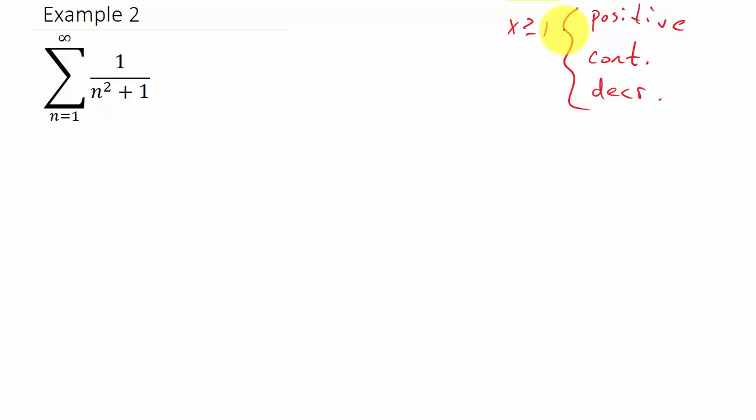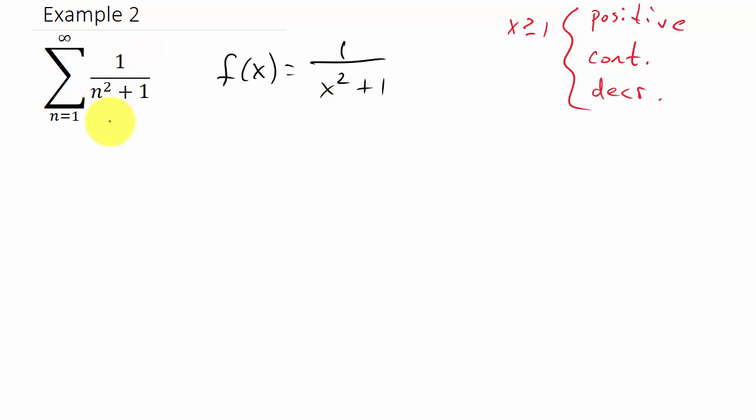So I'm going to say f of x is equal to 1 over x squared plus 1. That satisfies a sub n equals f of n, because if I replace x with n, I get 1 over n squared plus 1, which is our a sub n.